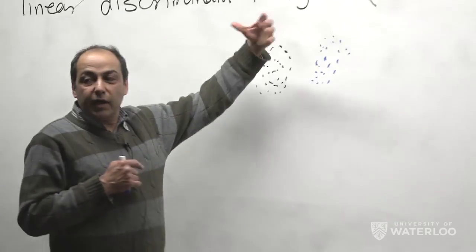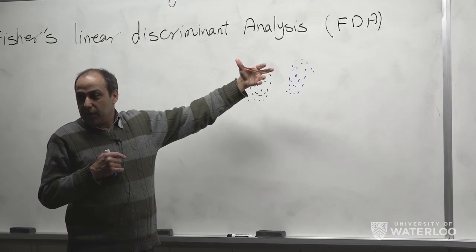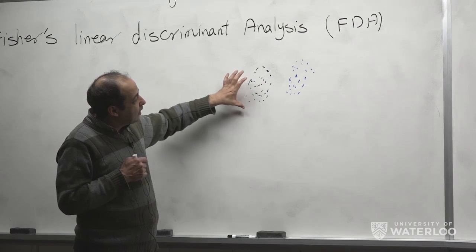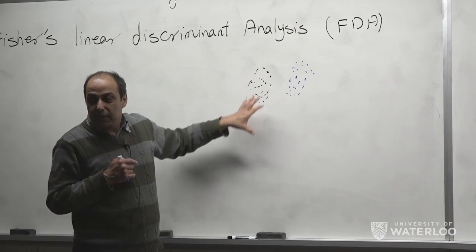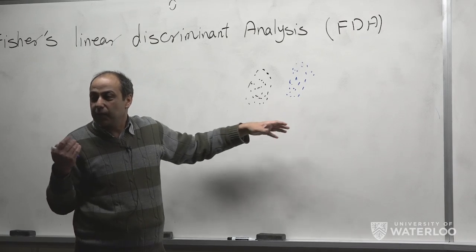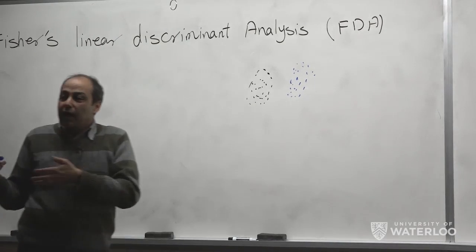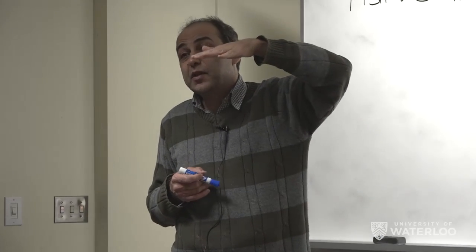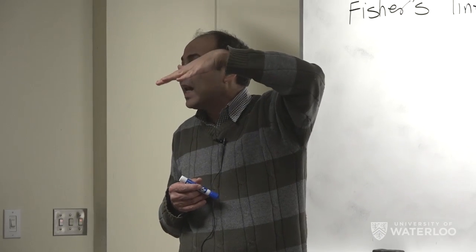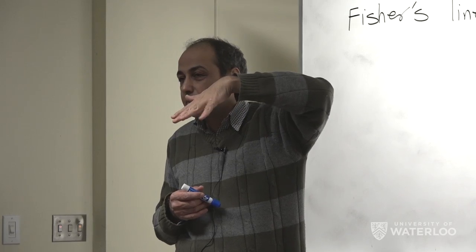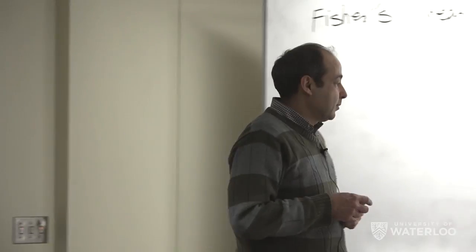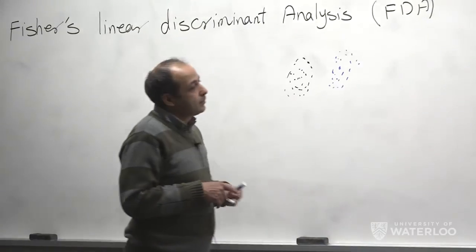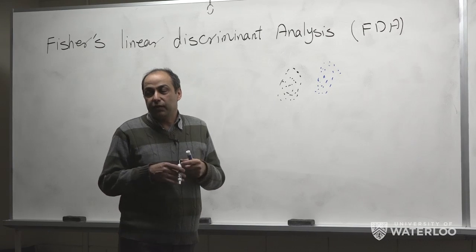But if I provide more information to my model and tell the model that, okay, I have all of these data, but this part comes from one class, this part comes from a different class. I want to project the data in one-dimensional space, but this is for the purpose of classification. It's not for the purpose of capturing the variation of the data.